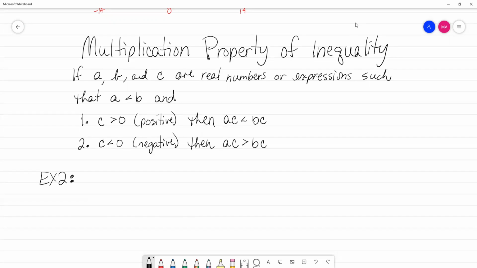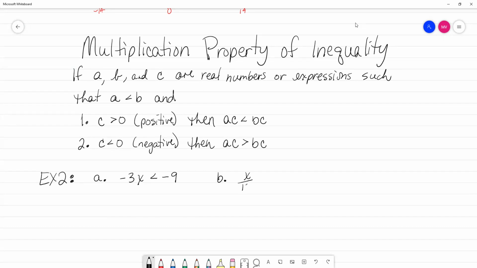Now, as with the addition property, we are using the less than symbol with A is less than B, but that works with less than or equal to, greater than or equal to, or not equal to. So let's look at some examples. We have -3x is less than -9.